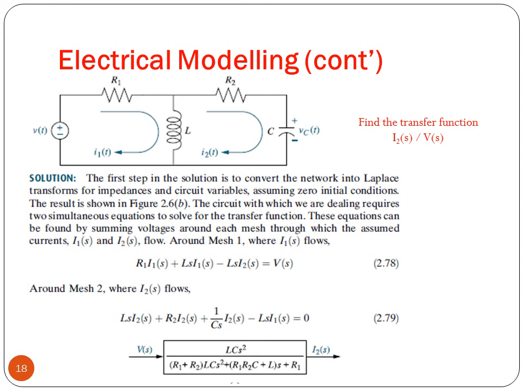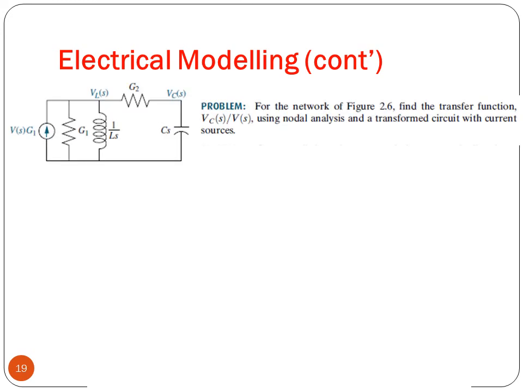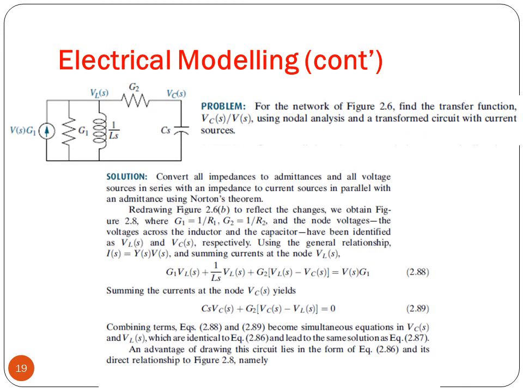So you may be asked to express Vc of s as a function of V of s, or let's say Vc of s as a function of I1 of s, but in this case it's I2 of s as a function of V of s. Here are some clues for the solution. I have included the final solution, not detailed, but you can write the whole solution alone.